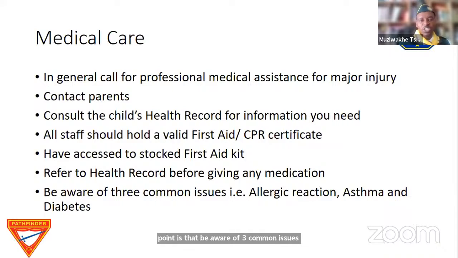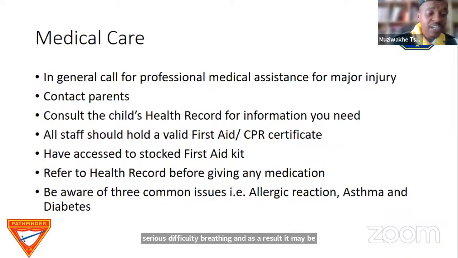The other important point is that you should be aware of 3 common issues. And what are those key issues? It's the allergic reactions that our children may actually be having. Also note if a child has asthma. The reason is that we need to be vigilant and not expose our children, for example, to what we call status asthmaticus, which may lead to a child having serious difficulty breathing, and as a result, it may be really, really adverse.